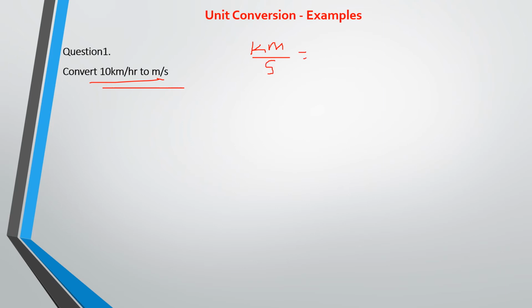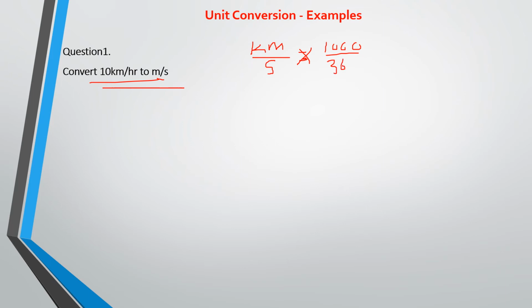So you use this equation: the figure that is given to you over second, times 1000, all over 3600.